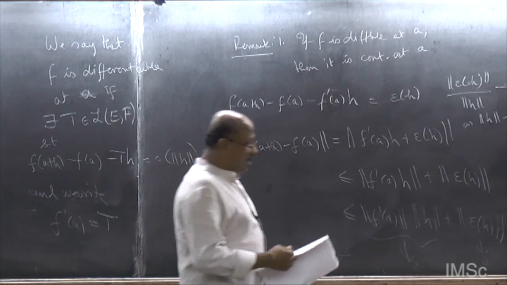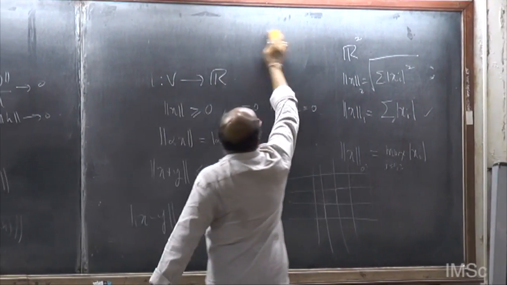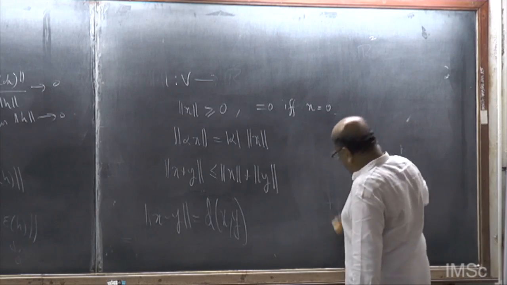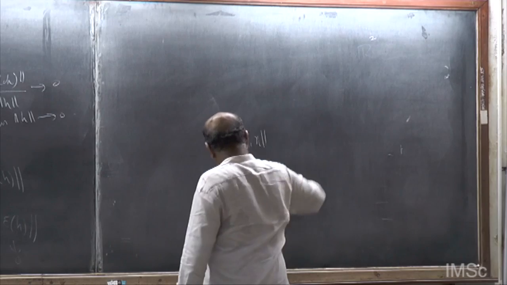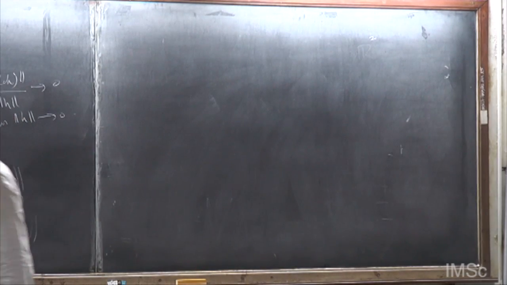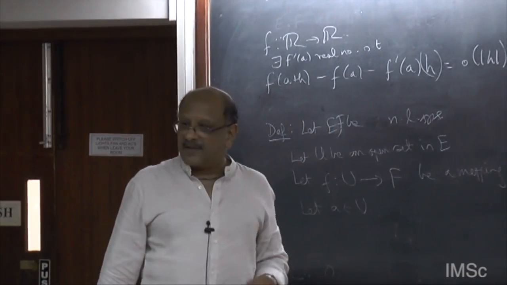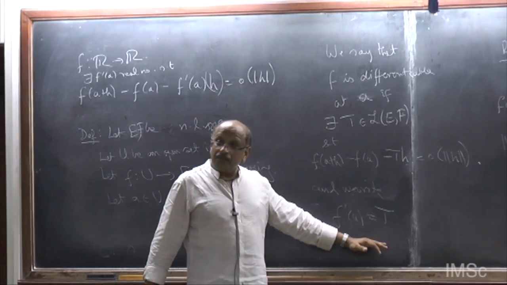Now, second remark, this is related to the question asked a few minutes ago. In this definition I have not been totally honest. I said if there exists a T such that this happens, and I happily gave you this notation also.